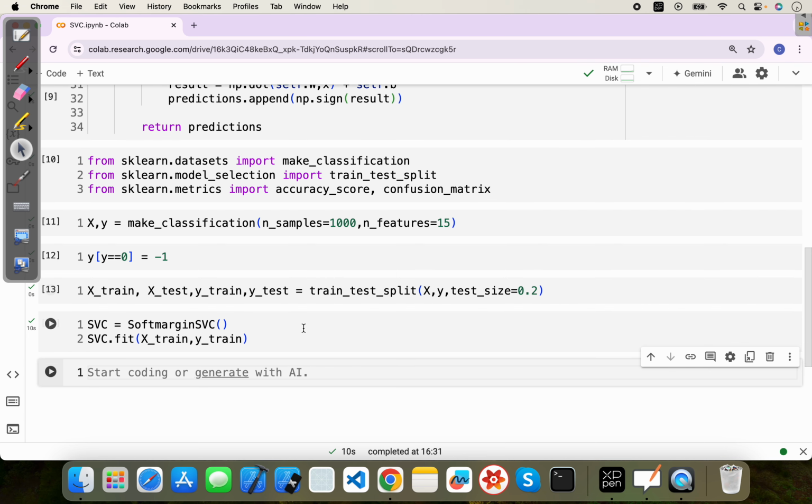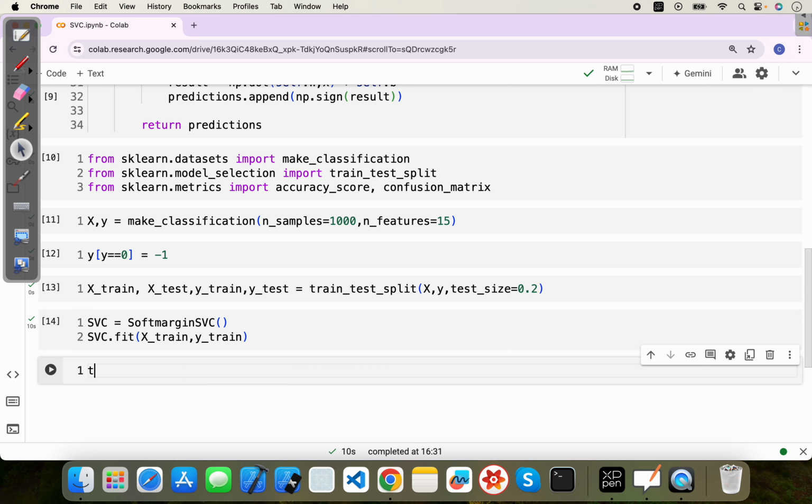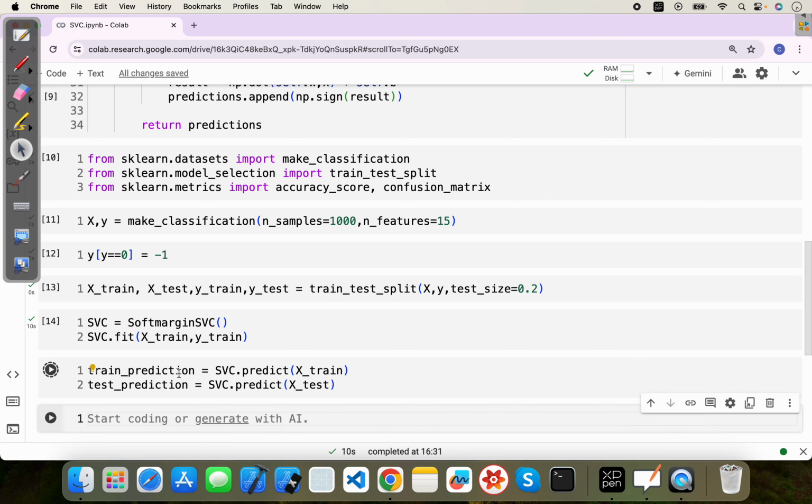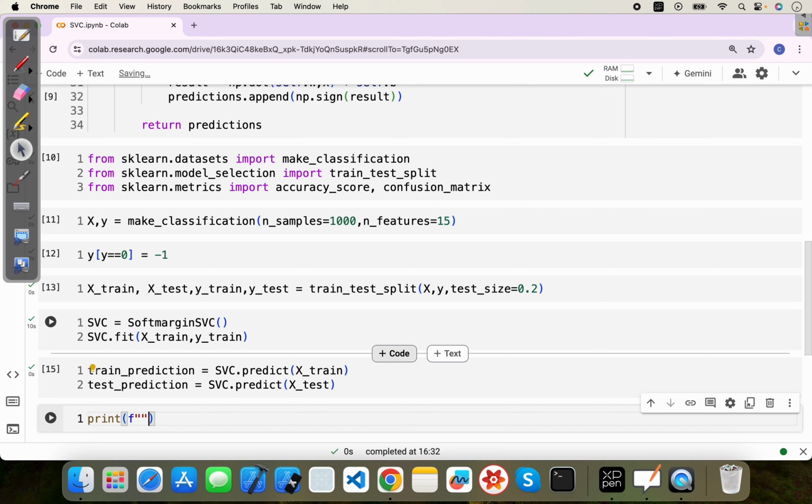Okay, so let's get train prediction is equal to svc.predict X_train, same for test prediction. Okay, so now let's see accuracy here, right? So print, let me use an f-string here.